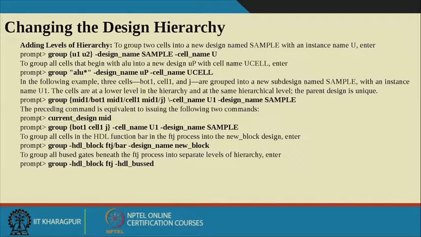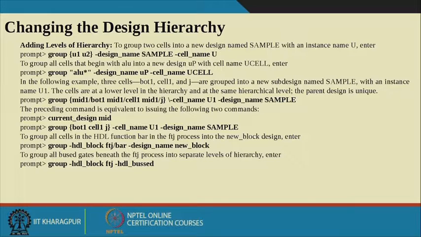So what you can do is, within this, you just put ALU star. It will group all the cells which are connected or come under this ALU. So all the cells will be grouped together in the design name of microprocessor. Okay. So you can do that very easily in the DC compiler environment.